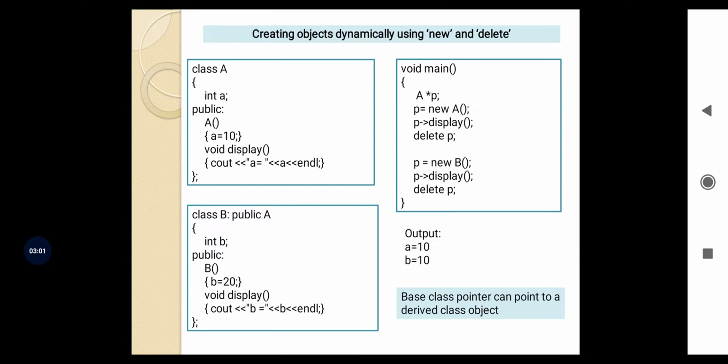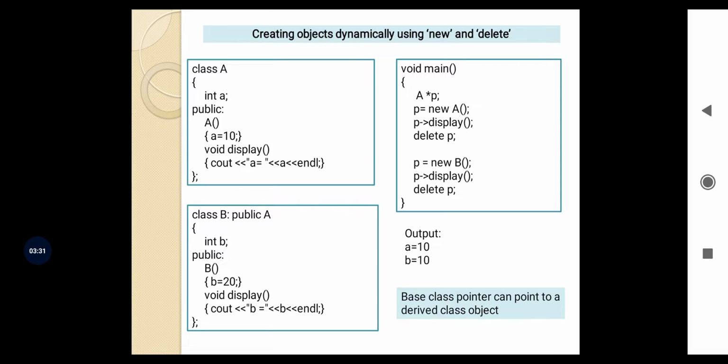Because when you declare a pointer of the base class, the compiler binds that pointer with the functions of the base class. That means no matter where the pointer is pointing to, whichever object the pointer is pointing to, when it invokes the display method, the display which is defined in the base class is bound to that pointer.